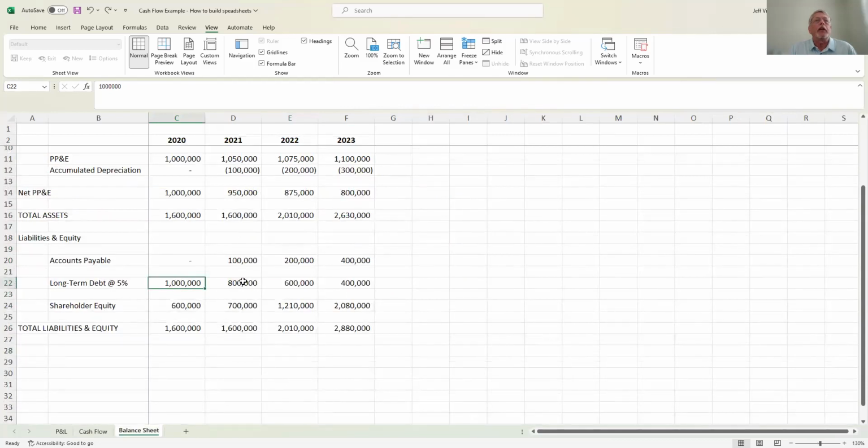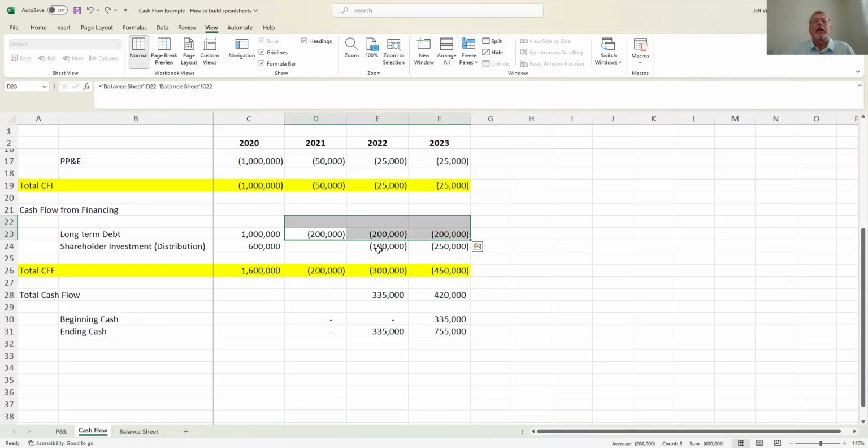Your debt goes from 1 million to 800 to 600 to 400. If we were to go out 2 more years, it'd go to zero. Your shareholder equity started out at 600, goes to 700, goes to 1,200,000, goes to 2 million. And that's even after you've taken out $350,000 in cash.